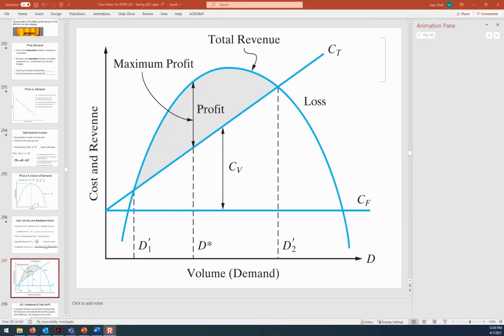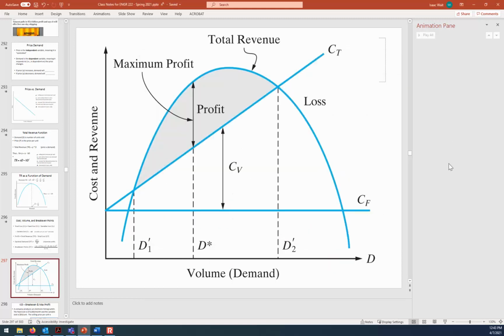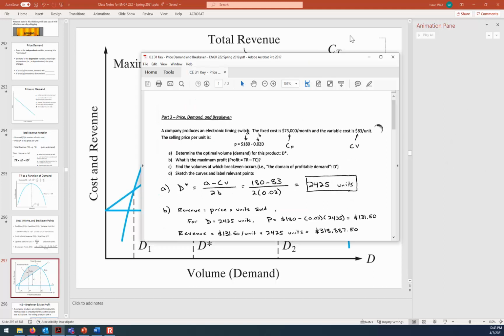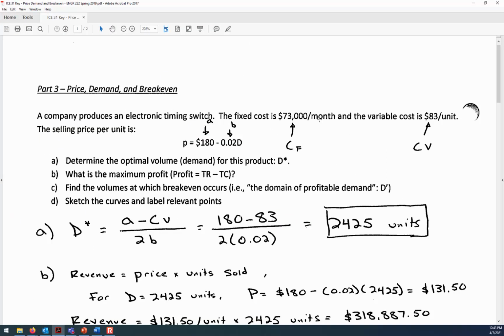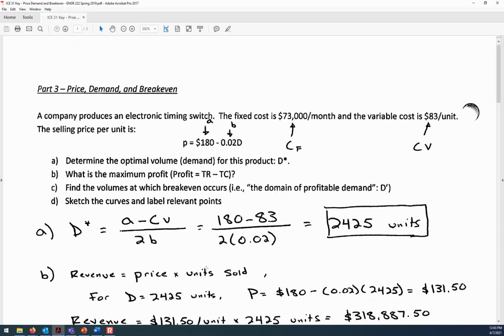Welcome back, everybody. Let's take a look at the solution and see if there are any questions. Okay, there we go. So you can see that what I've done is I've labeled our variables, where the fixed costs are $73,000 per month.